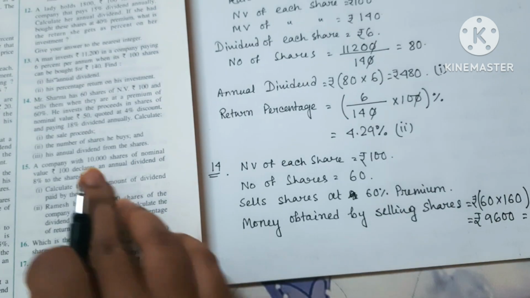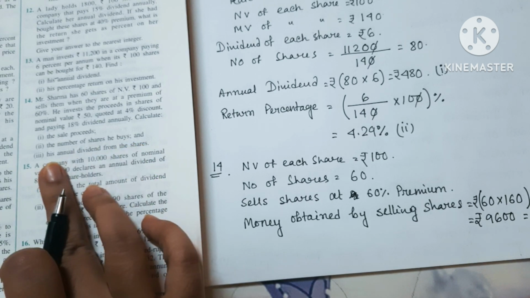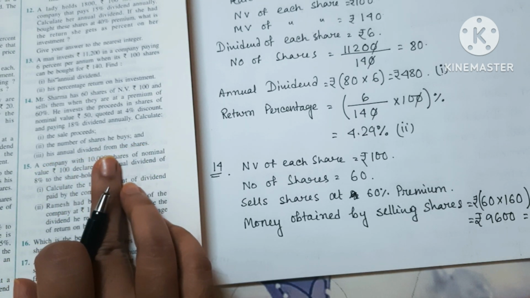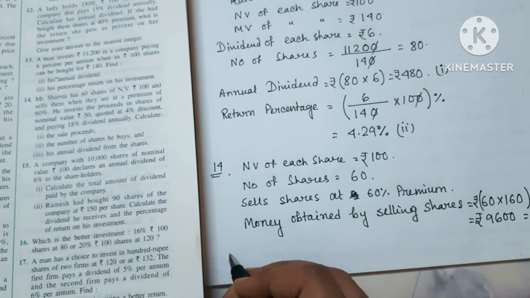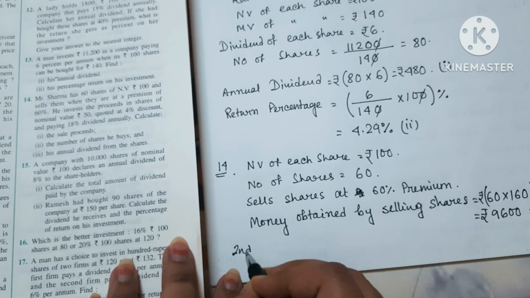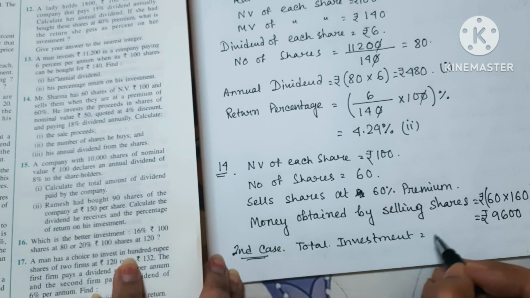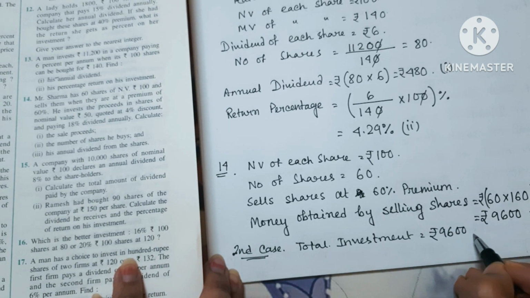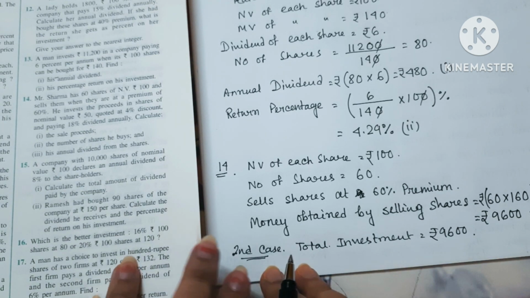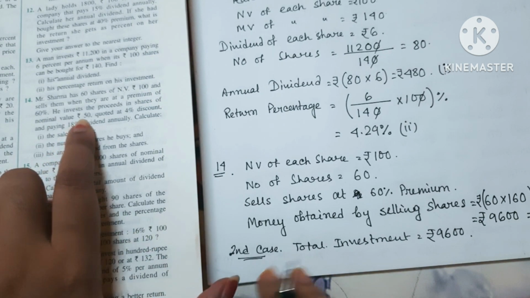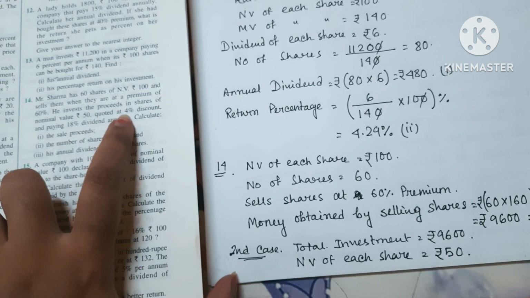Now the number of shares he buys and his annual dividend from the shares. In the second case, the total investment is rupees 9,600, this sales proceed. Now 50 rupees is the nominal value of each share, quoted at 4% discount.